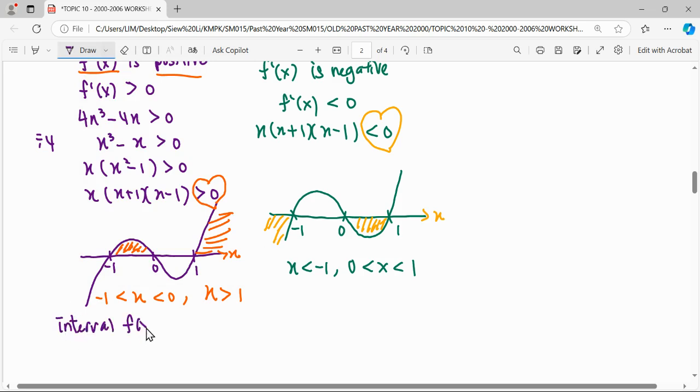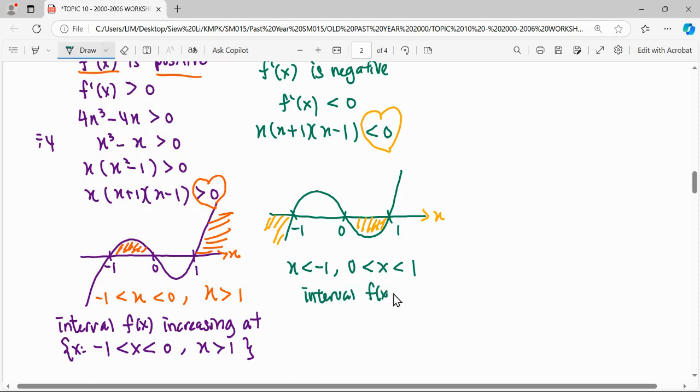The interval where the function is increasing is negative 1 to 0, and x more than 1. I can put it in set notation also. Meanwhile, the interval for the function decreasing is x less than negative 1 and then 0 to 1.